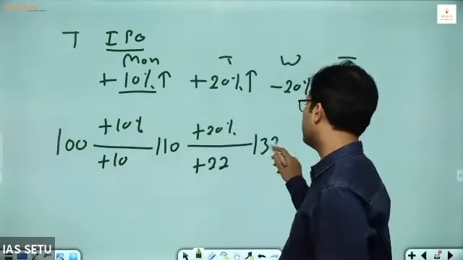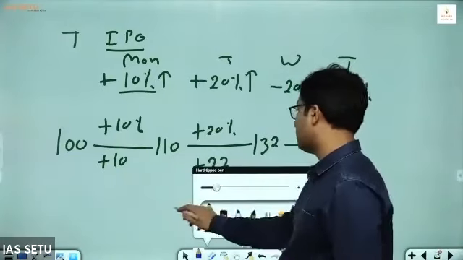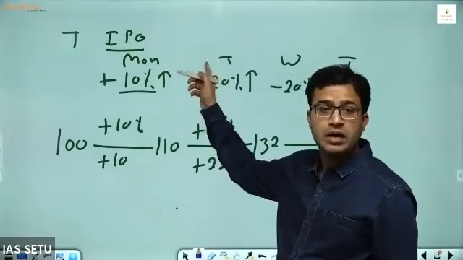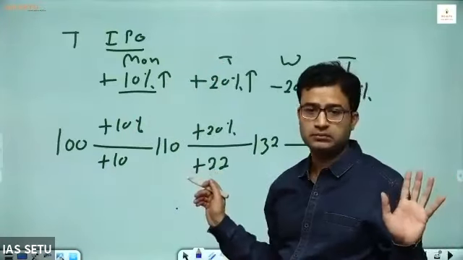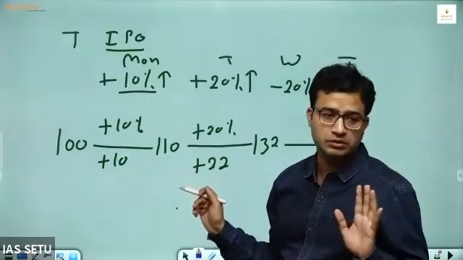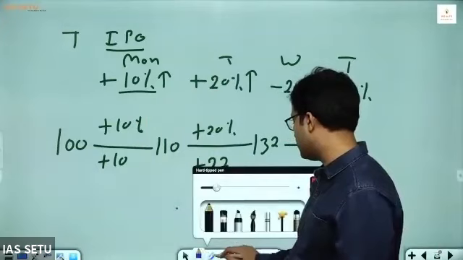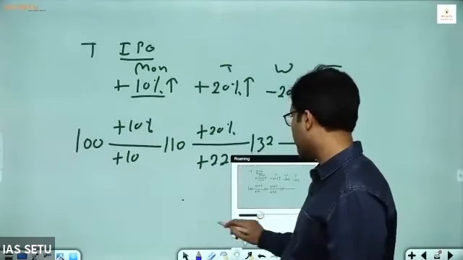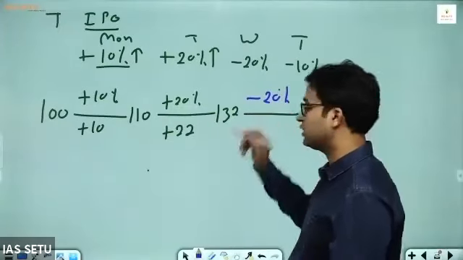It becomes 132. Then there are 2 more steps, and if you ask me for the formula, I can tell you the formula, but in that formula there will be 16 calculations. It will take around 8 to 9 minutes for a single question. So PCG is better. Absolutely, PCG is better without any doubt.